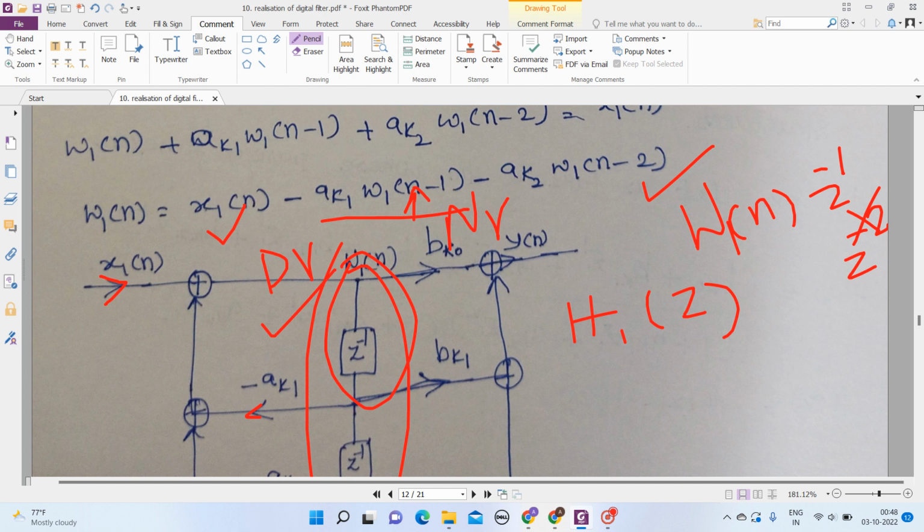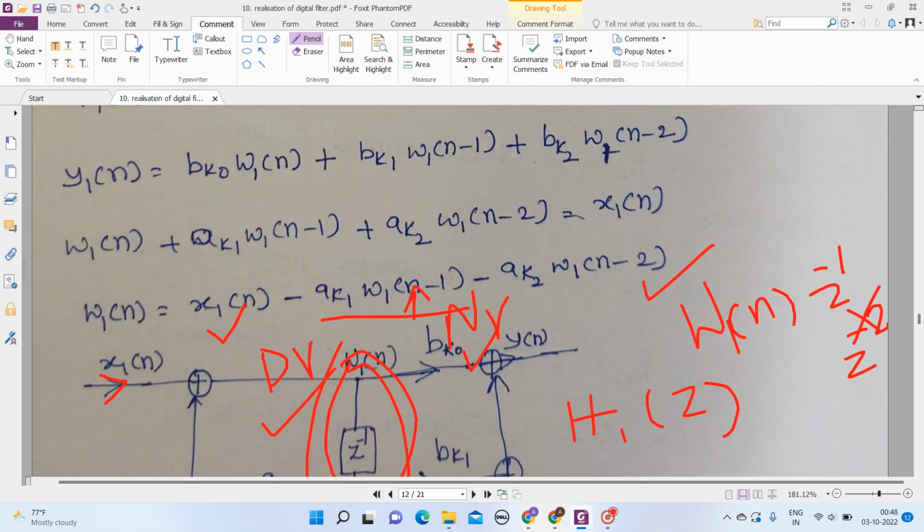I have to write the structure for the numerator equation. This is the equation, and this is my final output. I have to multiply this W1 of n with the coefficient bk naught, then bk1 with W1 of n z to the power of minus 1, and bk2 with W1 of n z to the power of minus 2.